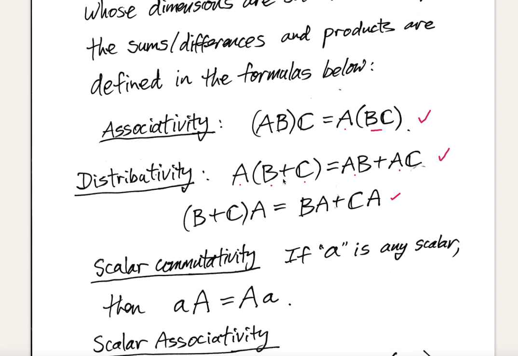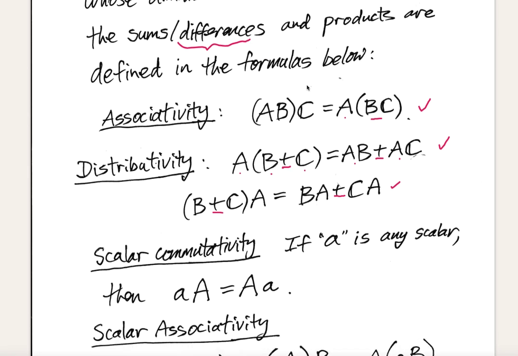I'll write it down in red here. If this was a minus sign, this would be a minus sign over there, and those two would still be equal. The same thing down here. So these could be sums or they could be differences.